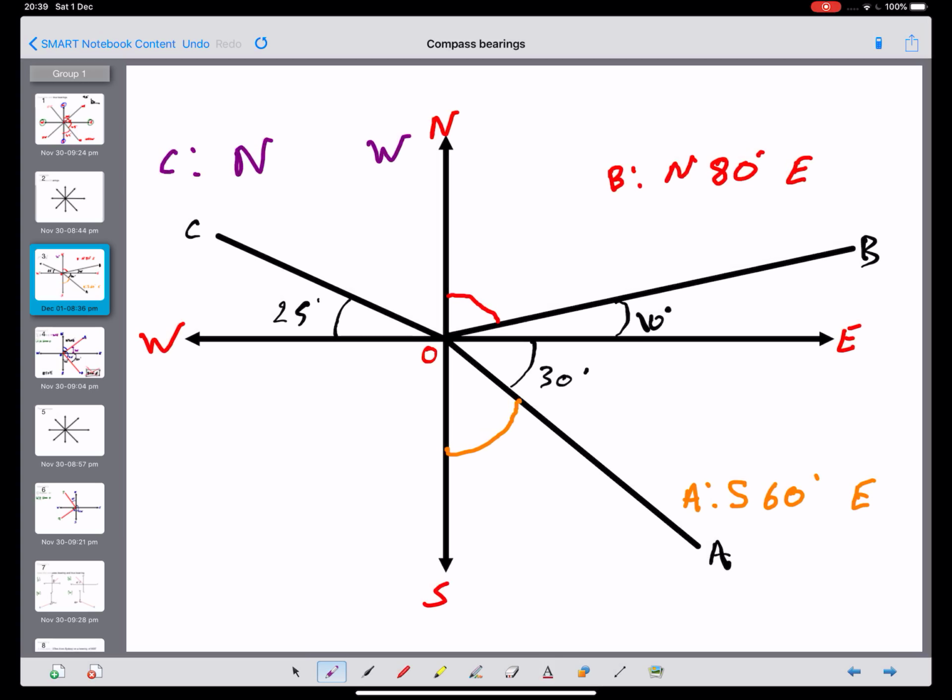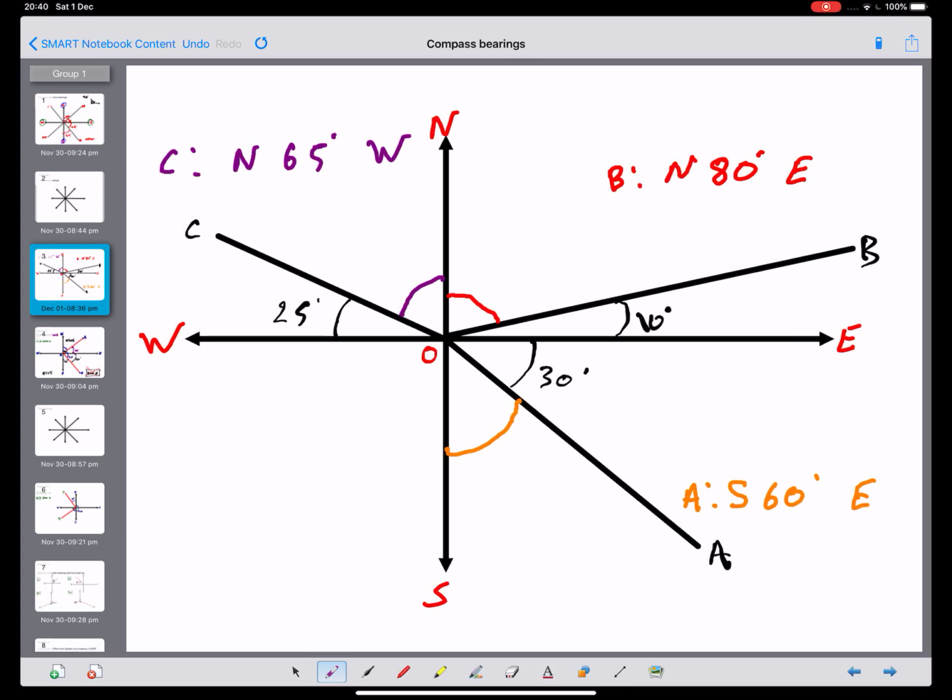Because we're measuring from north, we're going to have to add 65. Okay, it's not really clear. Okay, north 65, because 65 plus 25 is 90.